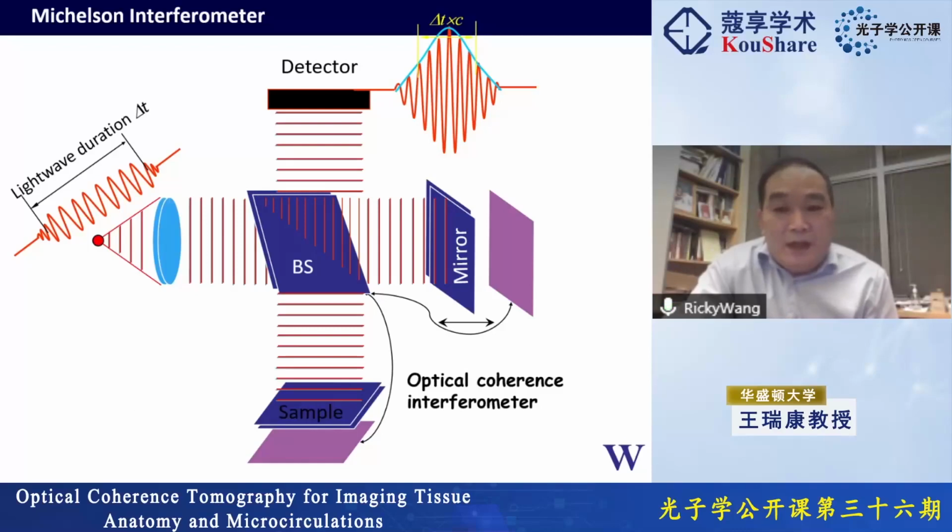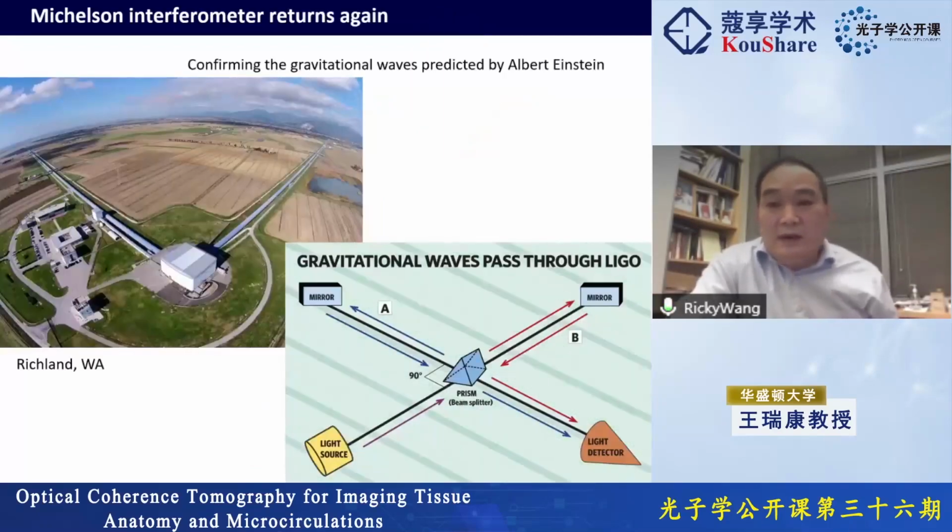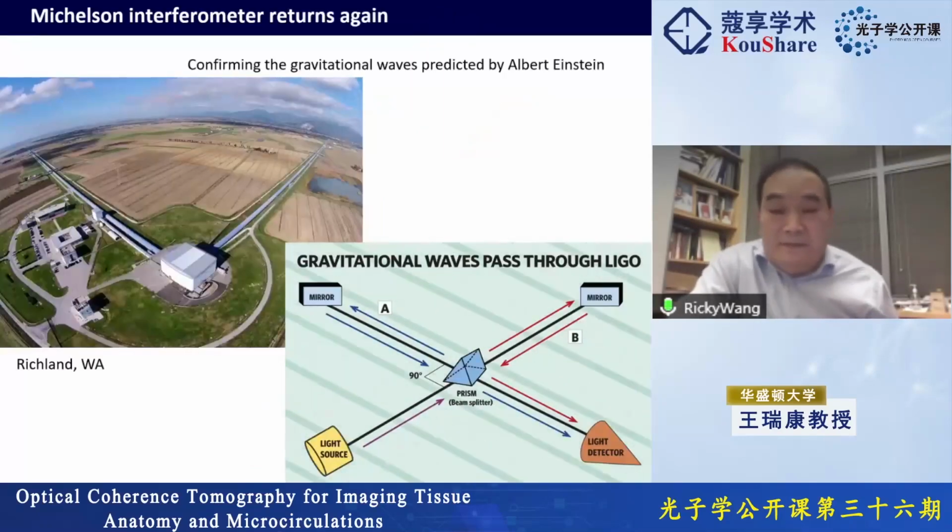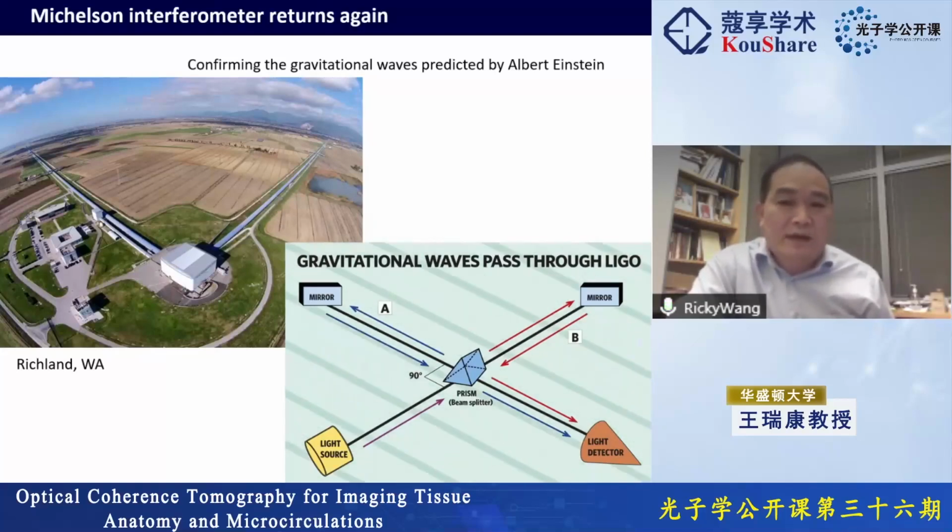And actually OCT comes back again. You guys know this photograph, right? This photograph is really a microscopic interferometer that measures gravitational waves from the universe. Okay, and in this case, they are using this giant microscopic interferometer, or giant OCT system.